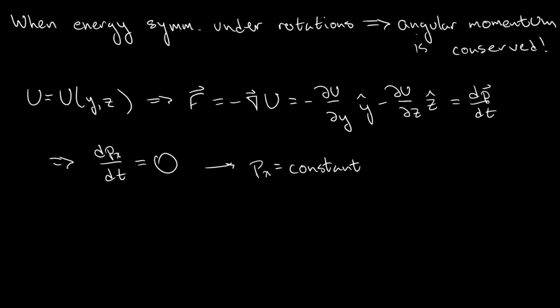But now we can again phrase this in terms of symmetry. If I have a system that doesn't depend on where I am in the x direction, that means that I can take everything and shift it. So maybe I have some particle here, where this is the x direction and this is the y direction. I can shift it in the x direction, and nothing's going to change because there's no dependence on x here.